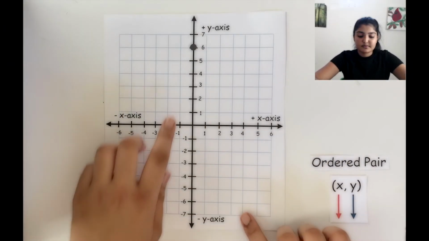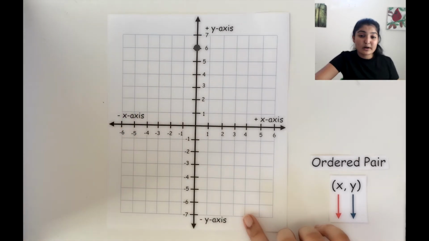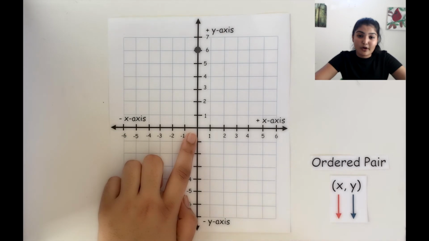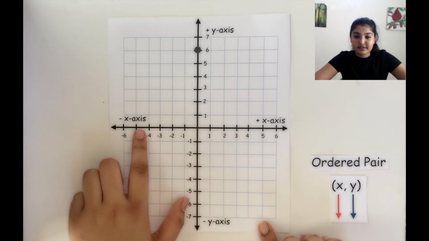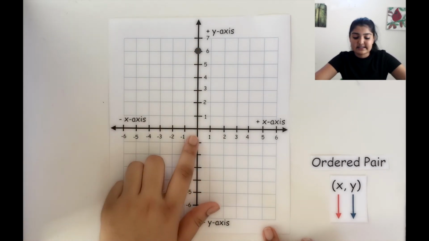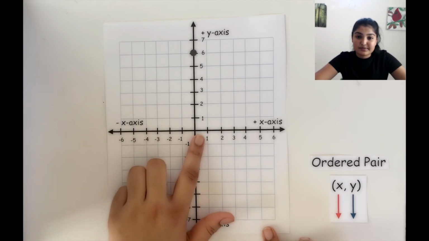Now, let's switch it up. And let's look at a point that is plotted on the positive y-axis. Here's a point that is plotted on the positive y-axis. So, what's its ordered pair? Starting from the origin, how far do we move horizontally? Well, since this point is on the y-axis, we do not move any units horizontally.